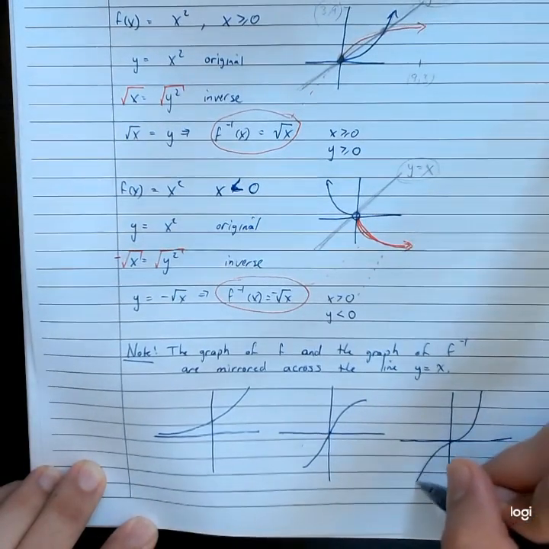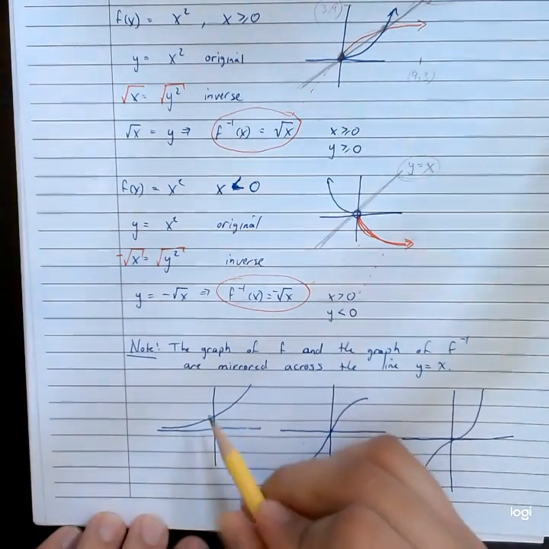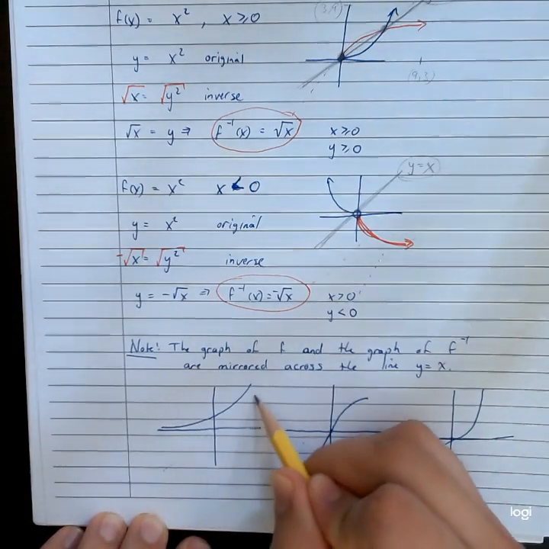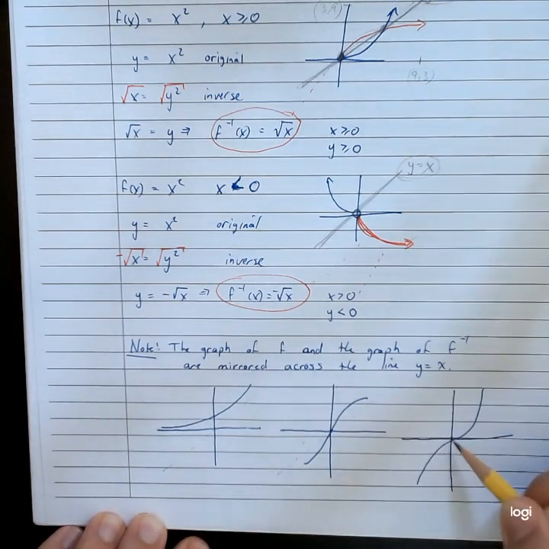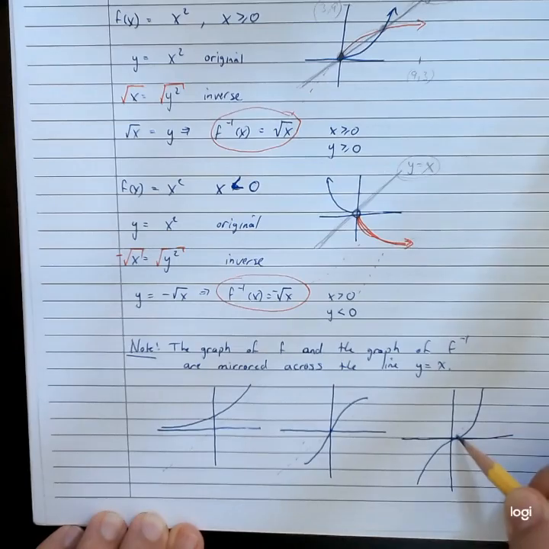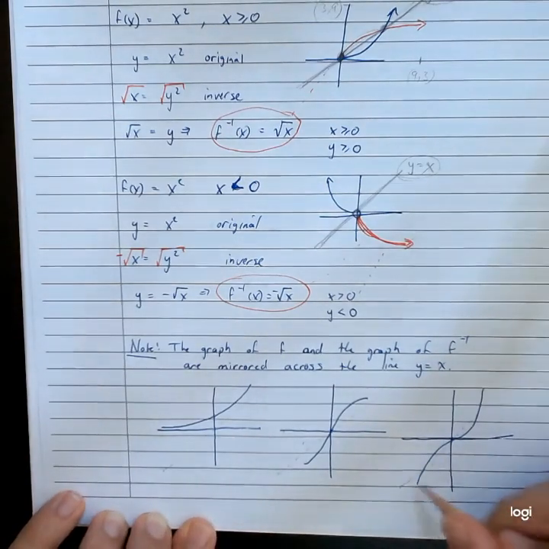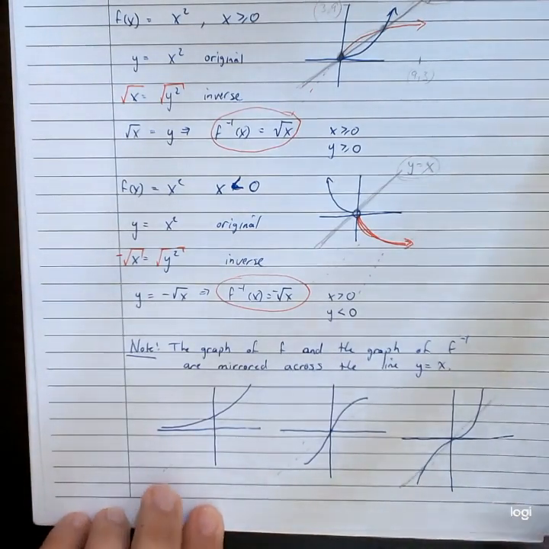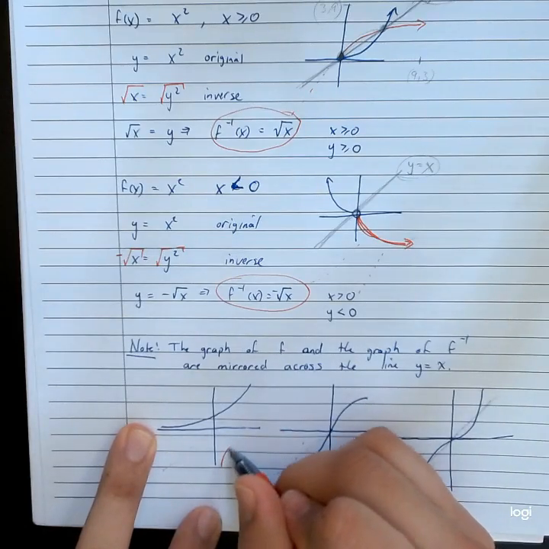All of these are functions, and in fact, they're all one-to-one. So if you were going to graph the inverse of these functions, you would simply reflect them across this line, x equals y, the diagonal line with a slope of 1. So to graph, this would be reflected down here.